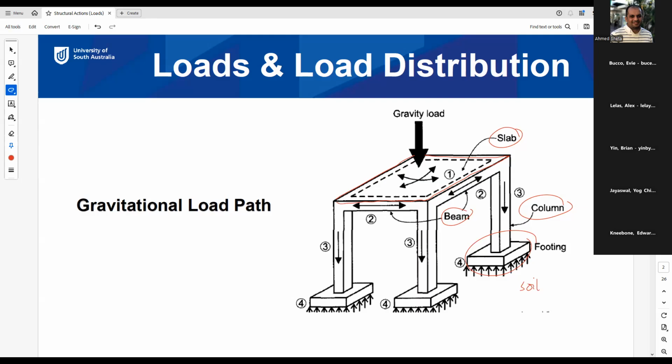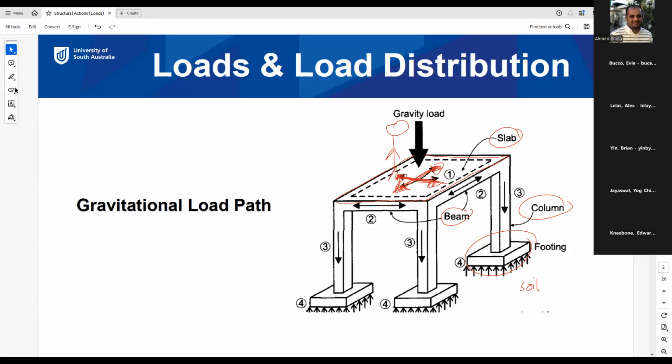Because this is the philosophy about how the load transfers. If we have gravity load like person load or any load like that, this load will transfer in 2 directions to the beams. So the slab load will transfer in 2 directions to the 4 sides or the 4 beams.